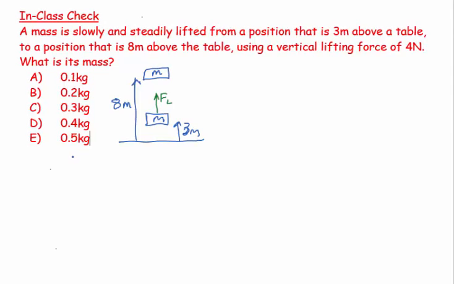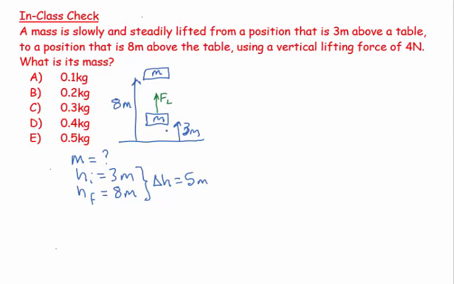What my list would look like this time is that my mass would equal, well, that's what I'm trying to find out. My h initial would equal 3 meters, and my h final would equal 8 meters. That would give me my delta h, which equals 5 meters if I needed that.